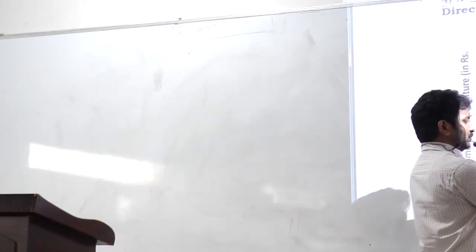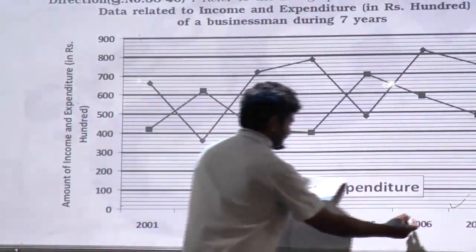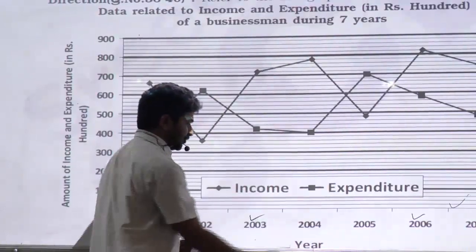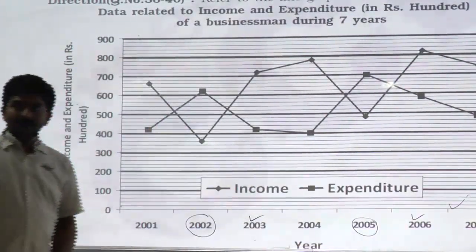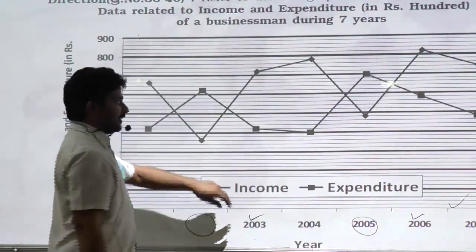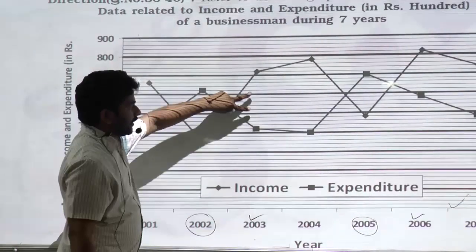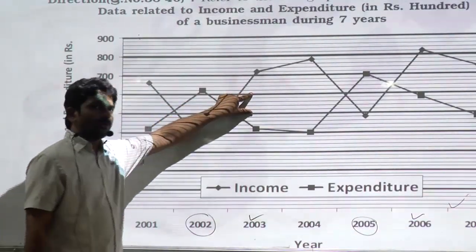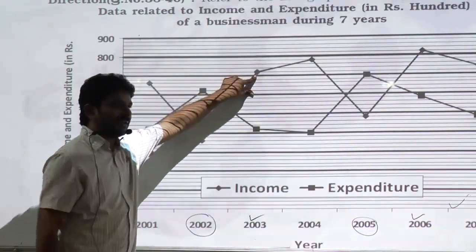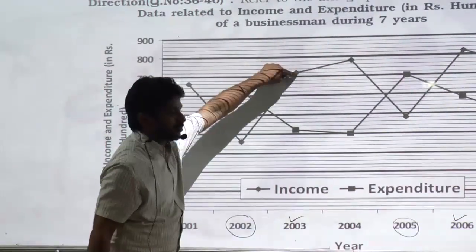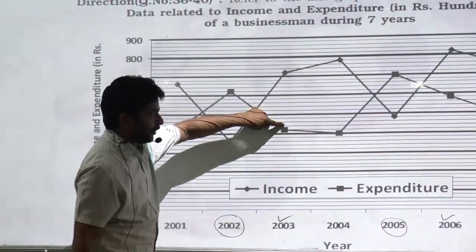In 2003 and then 2006. In 2003, let me identify the number of lines here in terms of gaps. Between these two thick lines we have 5 lines, and here again we have 5, total 10 plus 1, 11, 12, 13, 14, 15.